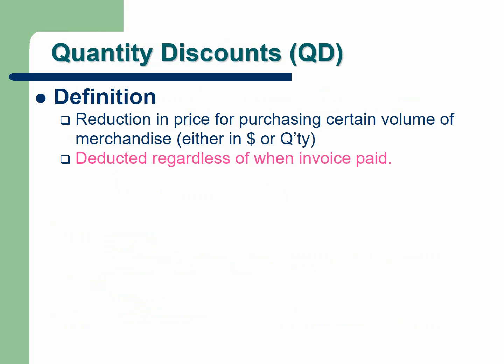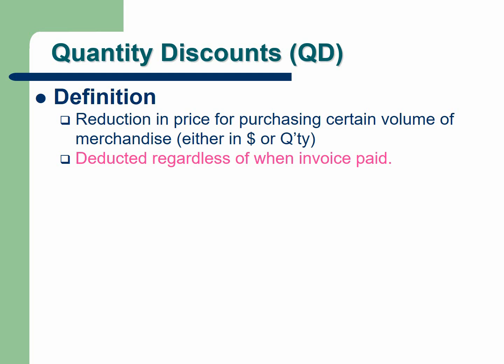The second type of discount that the buyer can negotiate with the vendor on is the quantity discount. A quantity discount is reduced based on the purchase volume. So it could be the volume in terms of the purchase dollars, or the number of units in the purchase, based on some minimum criterion that the vendor decides.